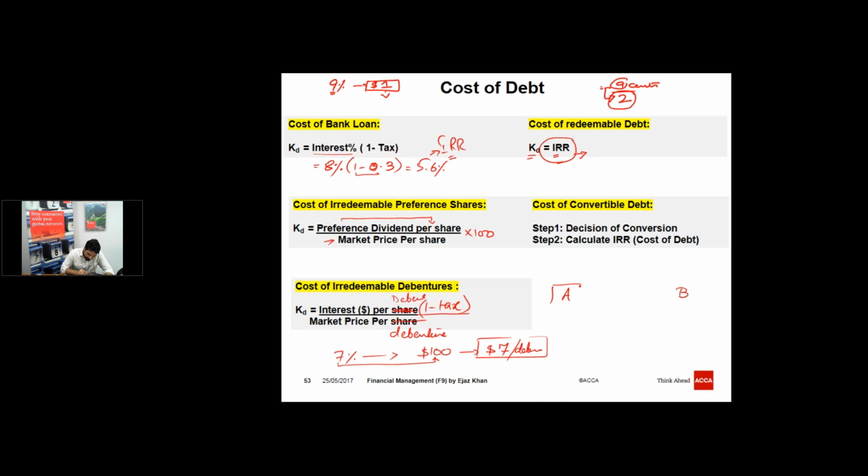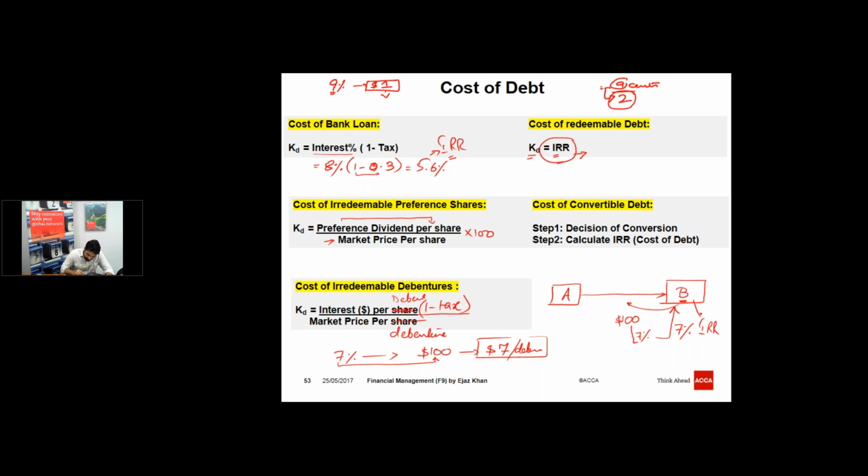Suppose this is a company, and this is the person to whom the company is planning to issue debentures. This company knows that it has to invest, say for example $100. If it is getting 7% return every year, it has an IRR of 7%.